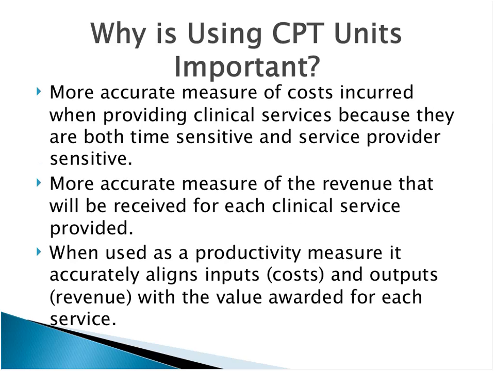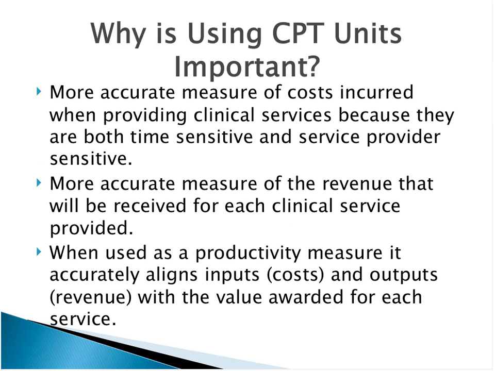The CPT weight really more accurately measures the cost incurred when providing clinical services, because they're both time sensitive and service provider sensitive. I'll show you an example about that later, but in reality what we're saying is that the unit that you get for a 30-minute psychotherapy visit is 0.6. The unit that you get for a 45-minute psychotherapy is 0.8.